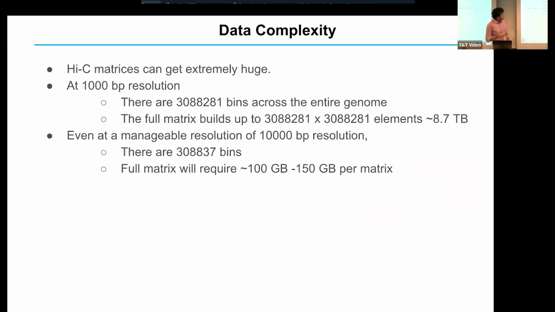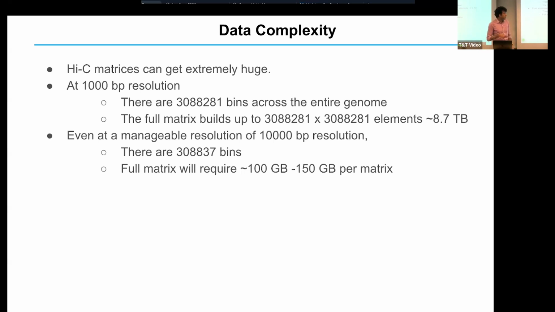And if we think about it, how do we store these huge data matrices and how do we load them up into computational memory? At the 1000 base pair resolution, which is extremely fine, you get a huge amount of bins, and if you load up the entire matrix, you get about this number of elements because it's symmetric, and that will require around 8.7 terabytes of memory.